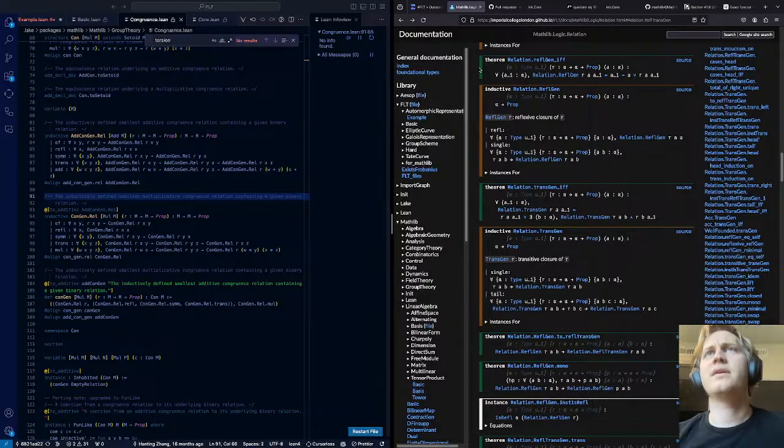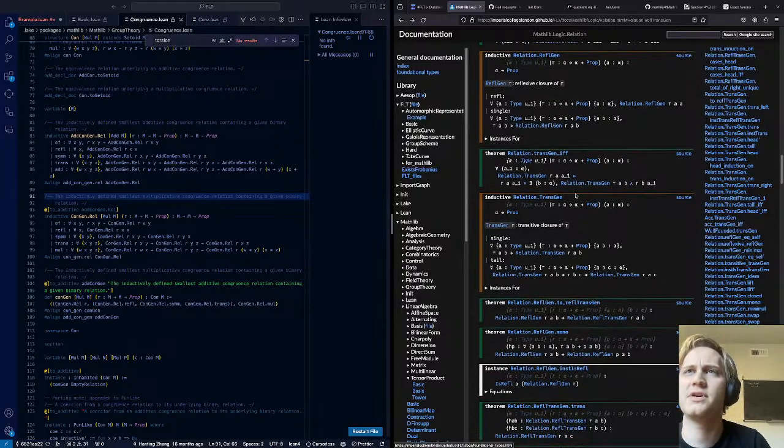Where was I? I felt like I saw a theorem that stated something that I thought was not provable under this definition. Refulgen to refultransgen. Okay, let me just get my head on straight. Relation refulgen to refultransgen: if R A B holds, then R of A B holds in refultransgen.